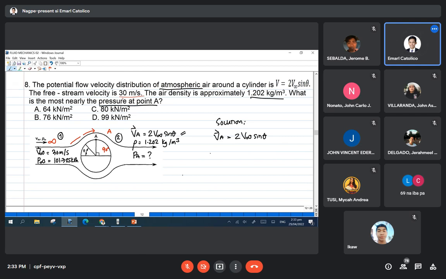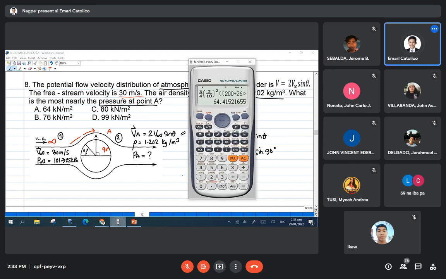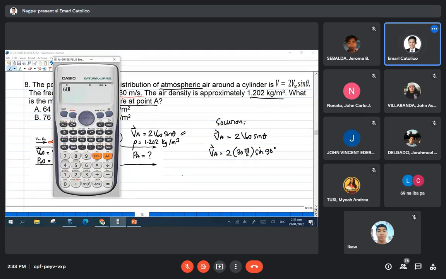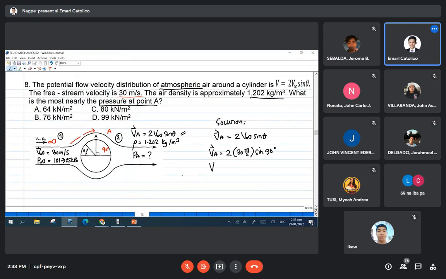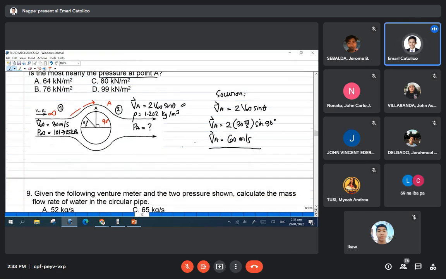Therefore, velocity at A is equals to 2 times V of infinity, 30 meters per second, sine 90 degrees. So 60 sine 90. Okay, therefore velocity at A is 60 meters per second. Okay, so nakuha mo na si velocity, meron ka ng pressure. So masasolve mo si PA by using Bernoulli's equation.